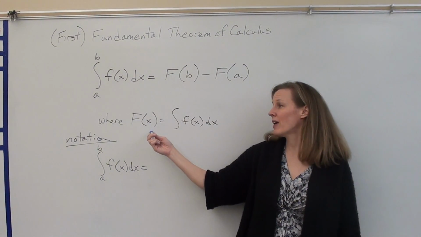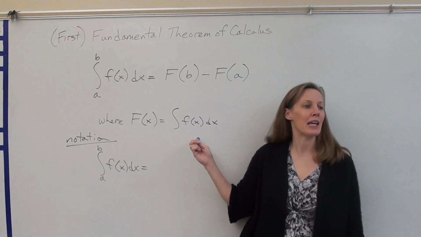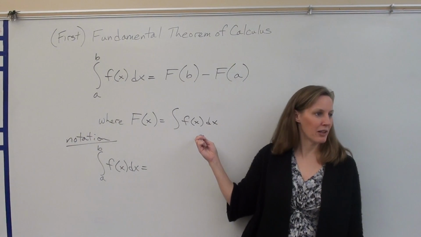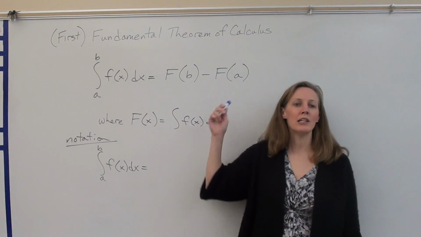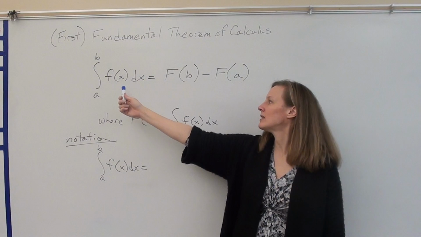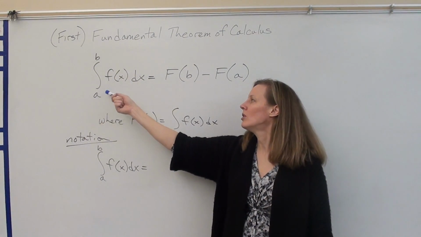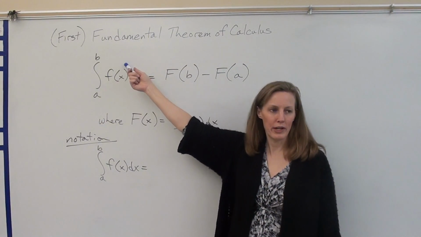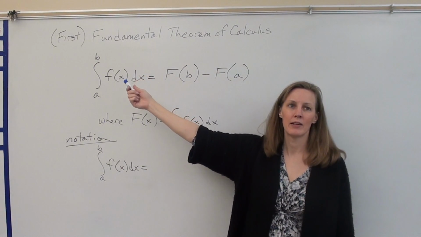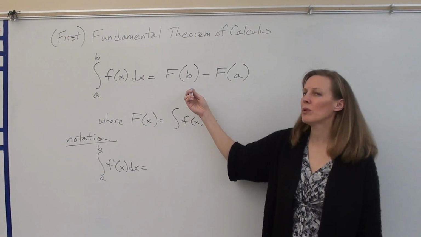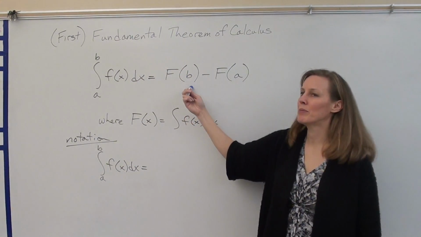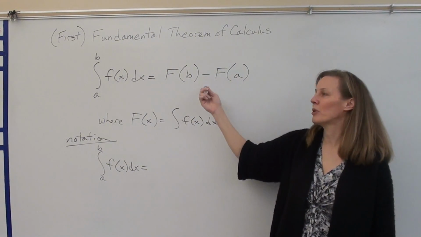What is big F of x? Big F of x is the antiderivative of little f of x. So in a nutshell, what this says is, when you want the integral between 2 points, and we'll talk about that in a second, you find the antiderivative, plug in the top number, and then plug in the bottom number and subtract.